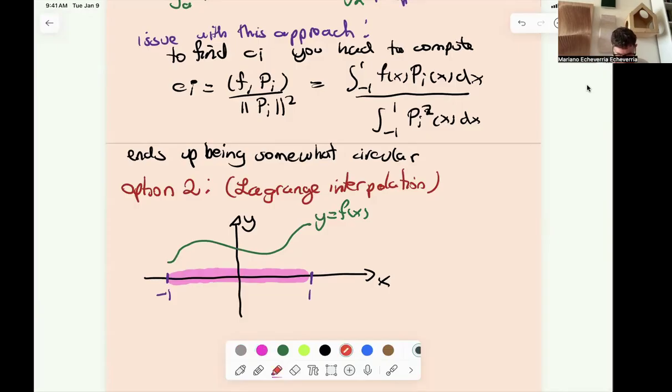Okay, so I'll call them x0, x1, x2, x3, up to xn. Okay, so you choose n+1 points.